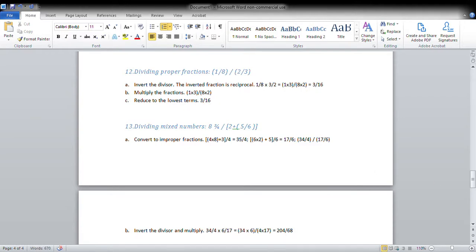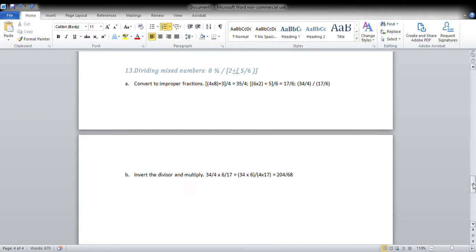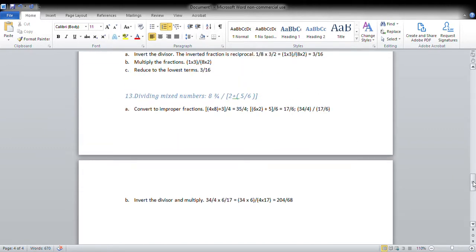And then we reduce it to the lowest terms. I think we should. We shouldn't leave it at that, but I would accept either one.